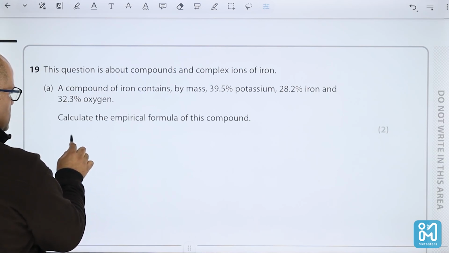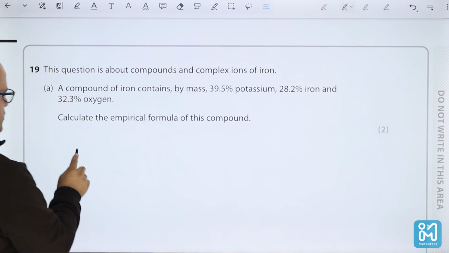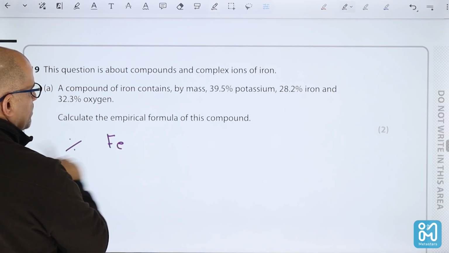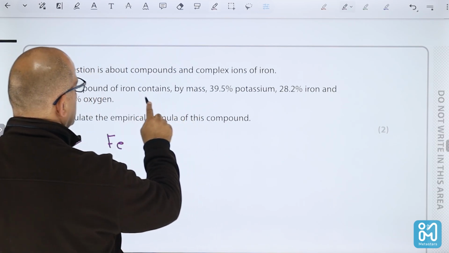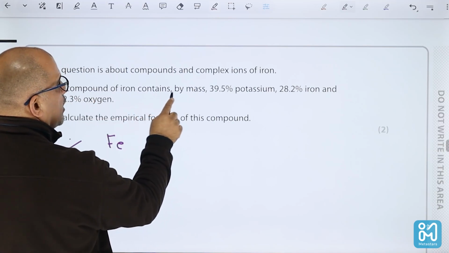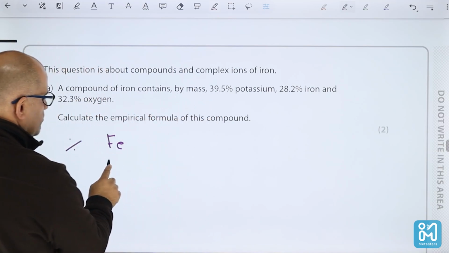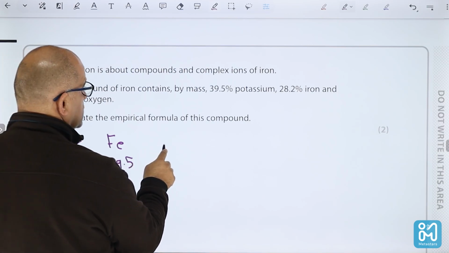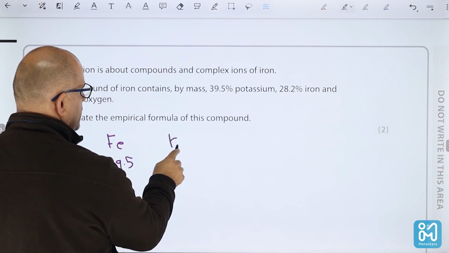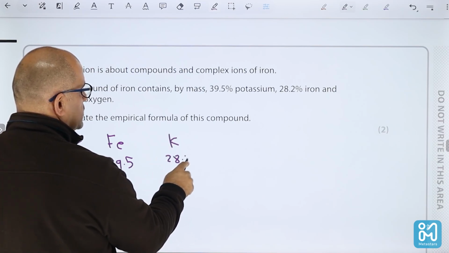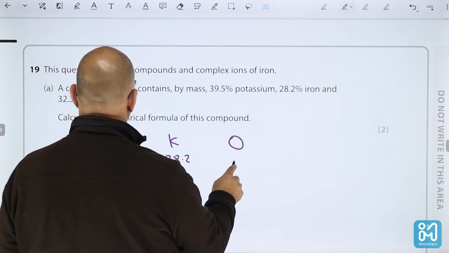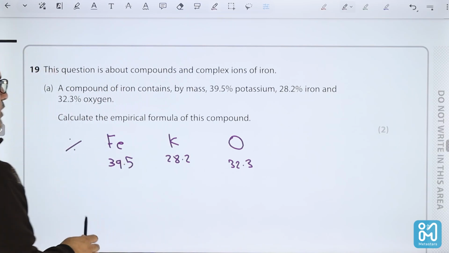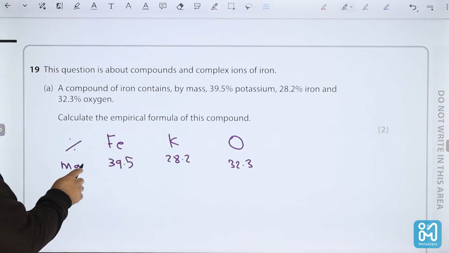So we start with the percentage of each element: potassium 39.5%, iron 28.2%, and oxygen 32.3%.